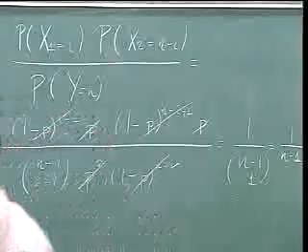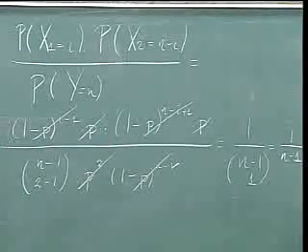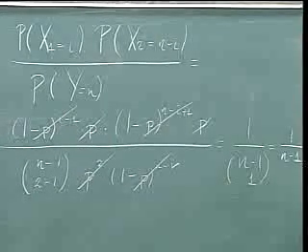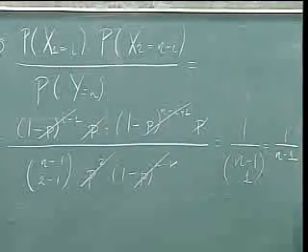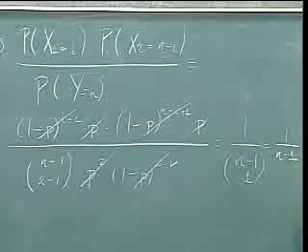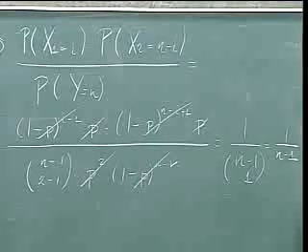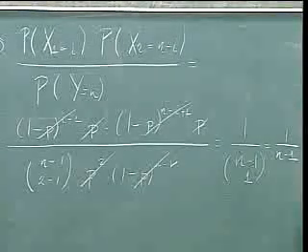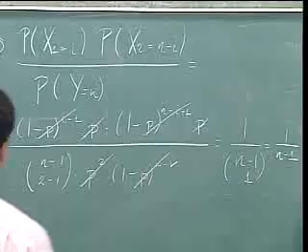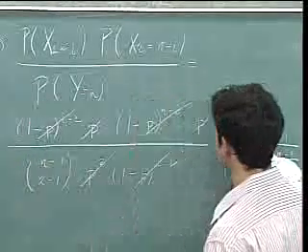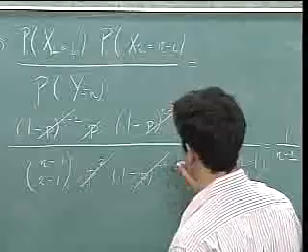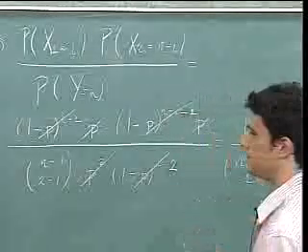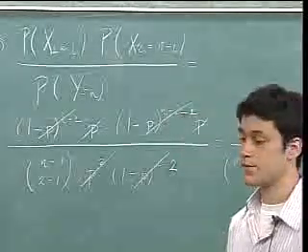Let me just check something. No, sorry guys, I was being stupid. This is of course n minus 1, and this is n minus 2, and things still cancel out. Sorry about that.